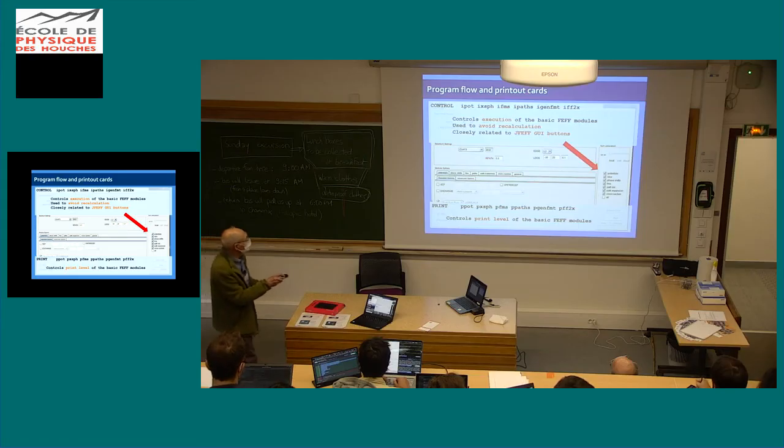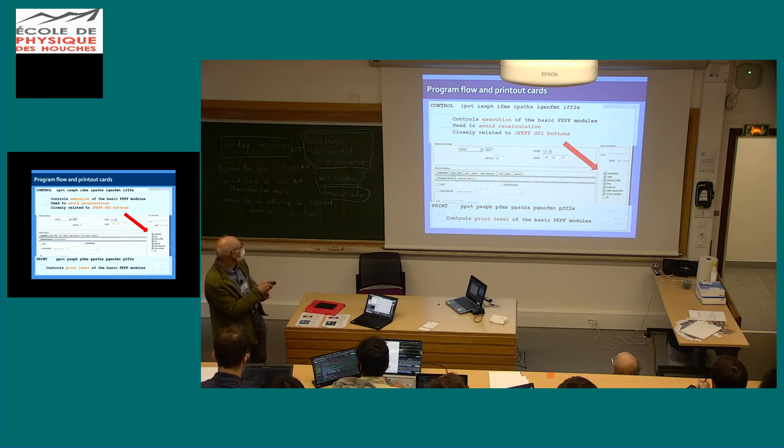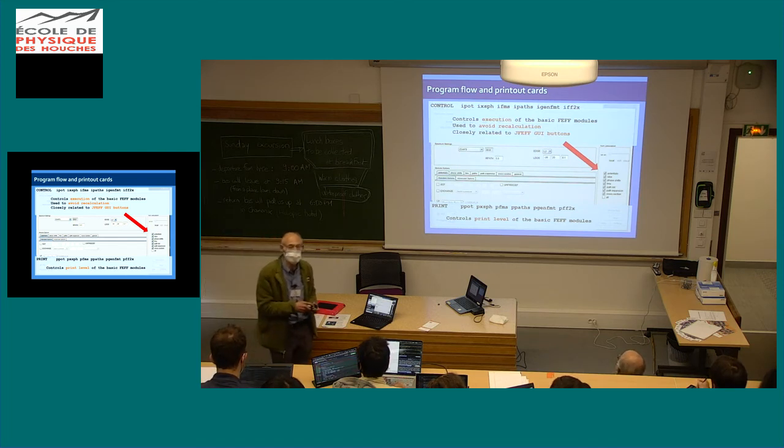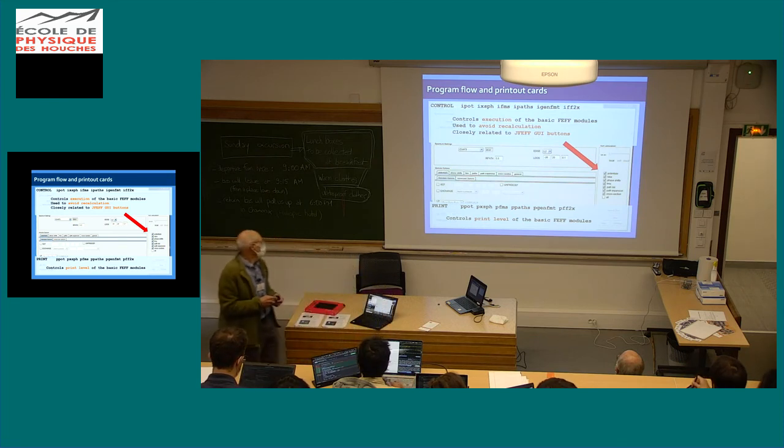Okay, so I think I've said this before. These are the modules that are run, and the print statement allows you to print various things. You can print potentials, you can print spectra. Often you don't want to print that stuff, or you don't really need it, but you can print phase shifts, you can print XFs.